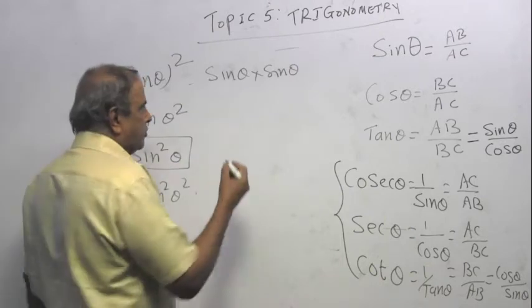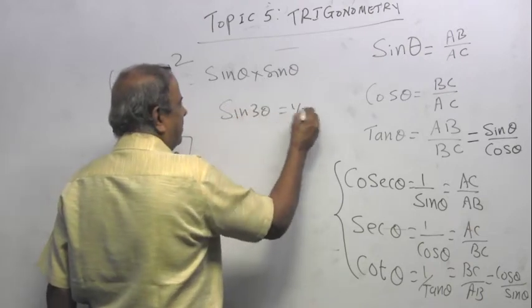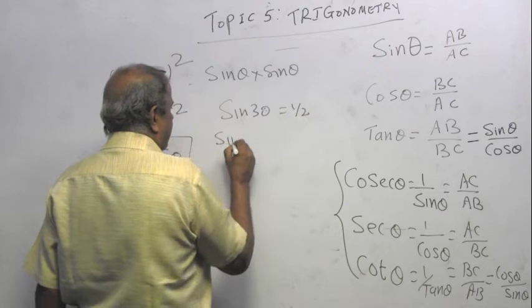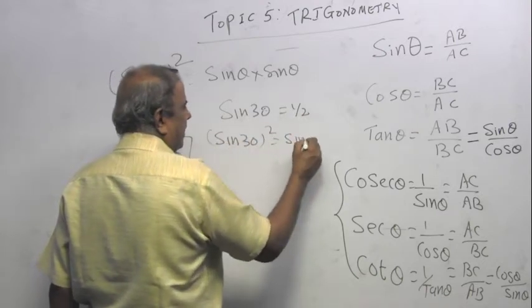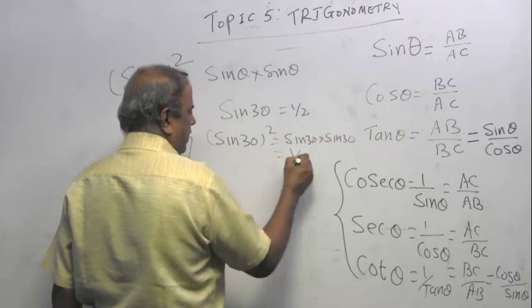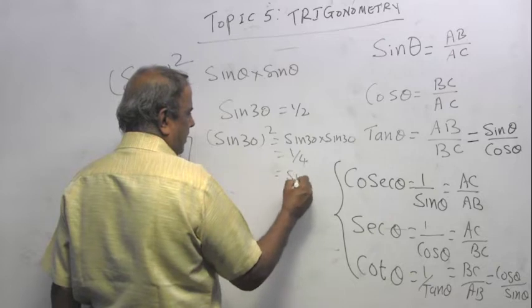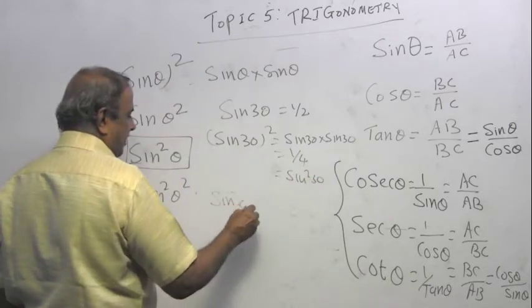If you want an experiment, sine 30 is half. What is sine 30 whole squared? It is sine 30 times sine 30, which is a quarter, or that is sine squared 30. What if it is sine theta squared?